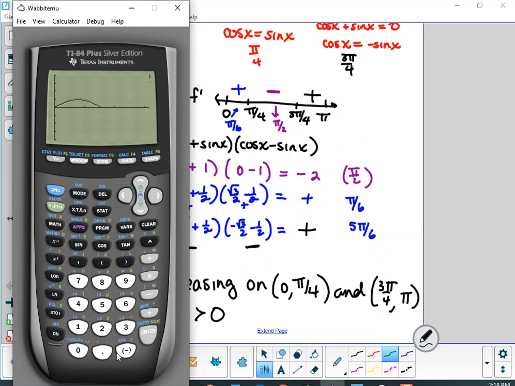So what do we see? We see a function that's increasing, then decreasing, and then increasing. If we ask the calculator where that changes, where is that maximum, what is that peak? Oops, did I not get it where I wanted it?